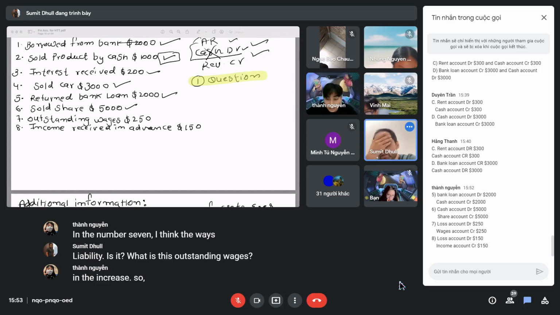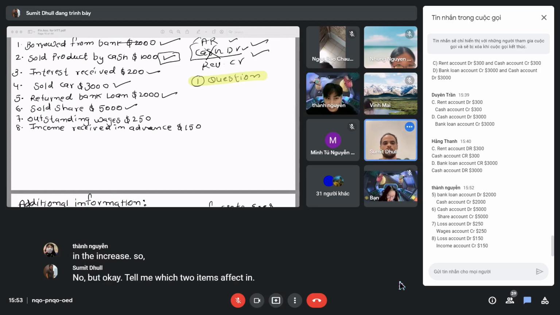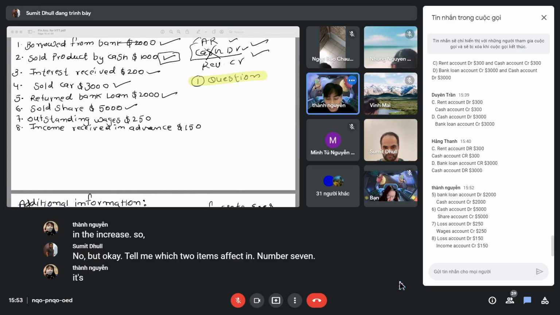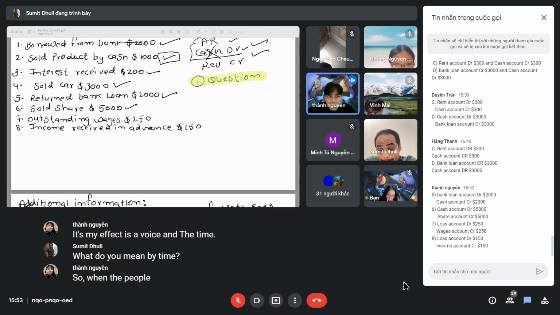Okay, tell me which 2 items are affected in number 7. The effect is the wage and the time. What do you mean by time? When people spend more time to work, they will get the outstanding wage.